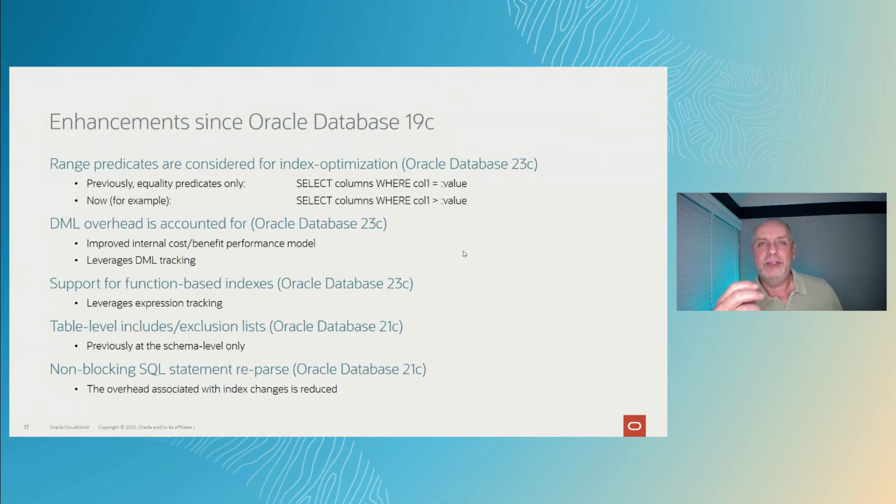So where we have select something from a table where the column is greater than a value, for example. Previously in 19c, we would only consider candidate columns that are used in equality predicates. Now we've extended the range of which auto indexes are used to include range predicates.